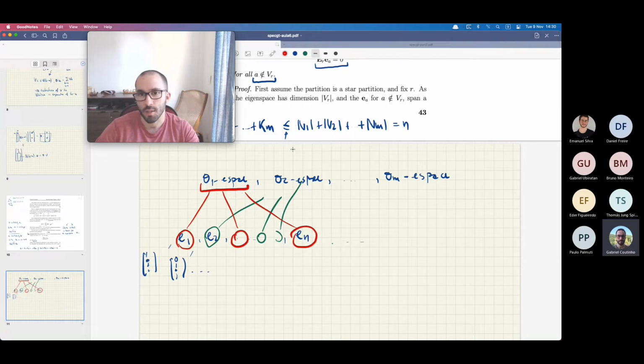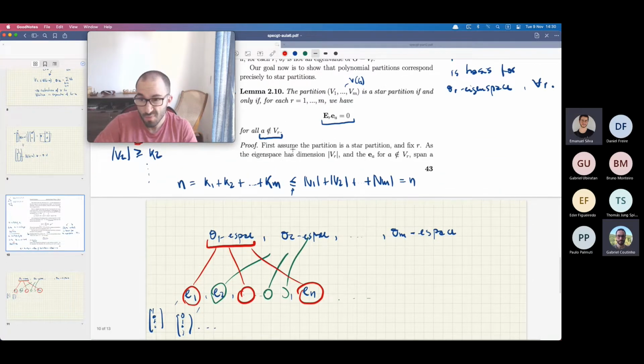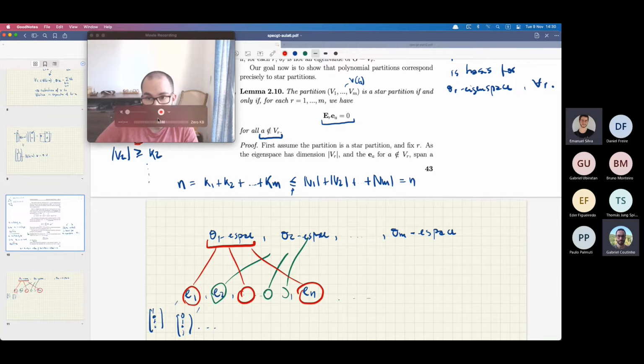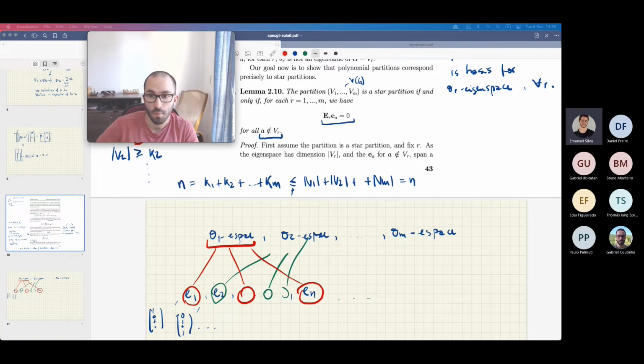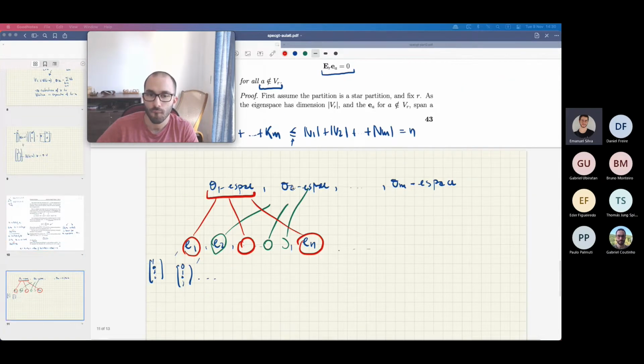And how do we see that? So, yes. But E sub r, E sub a is the a-th column of E sub r, right? But for example, for P4, for every idempotent, the entries are non-zero. So none of the columns are zero there.